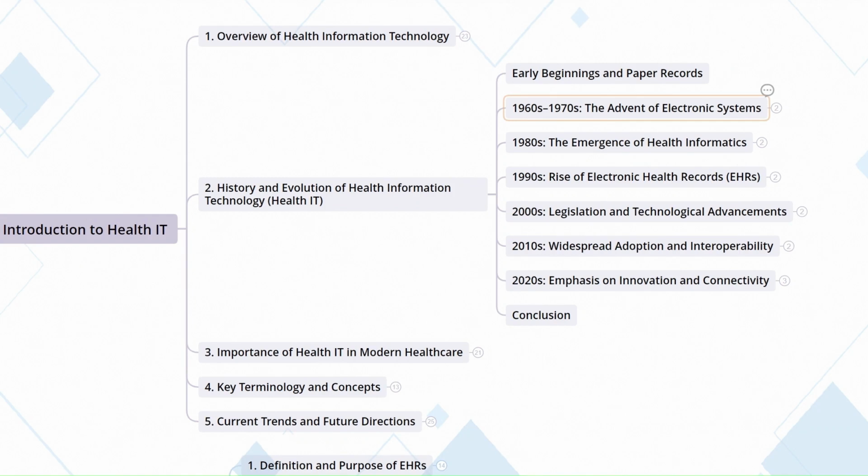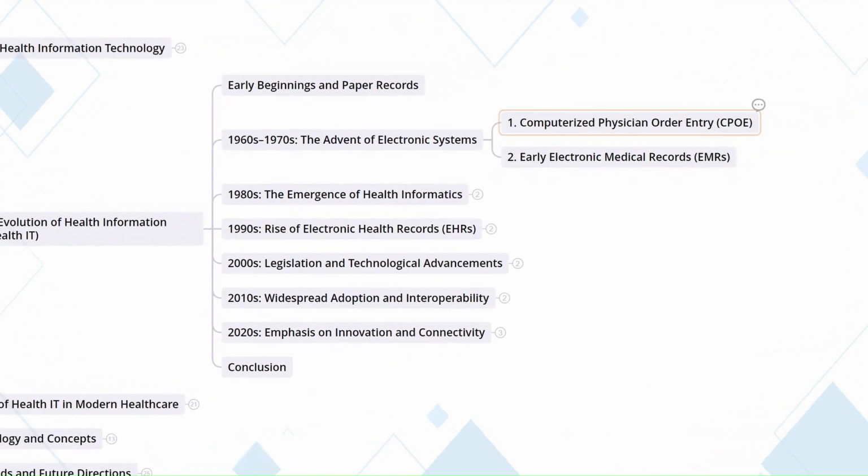From 1960s to 1970s, the advent of electronic systems. The 1960s marked the beginning of the electronic revolution in healthcare with the introduction of computer systems to manage health data. Some notable developments during this era include computerized physician order entry, also referred to as CPOE.